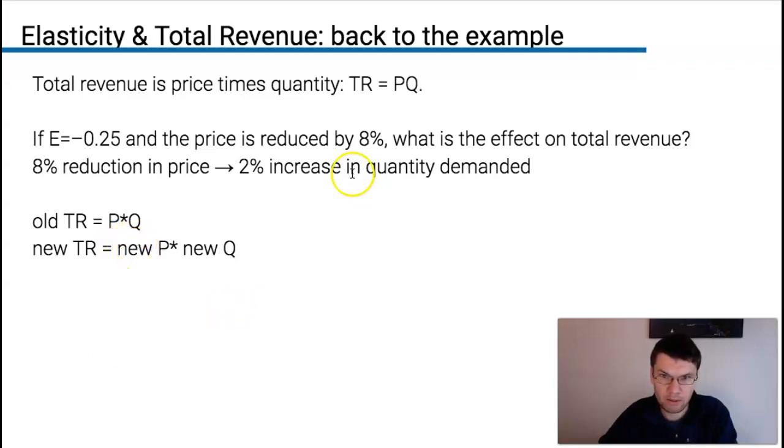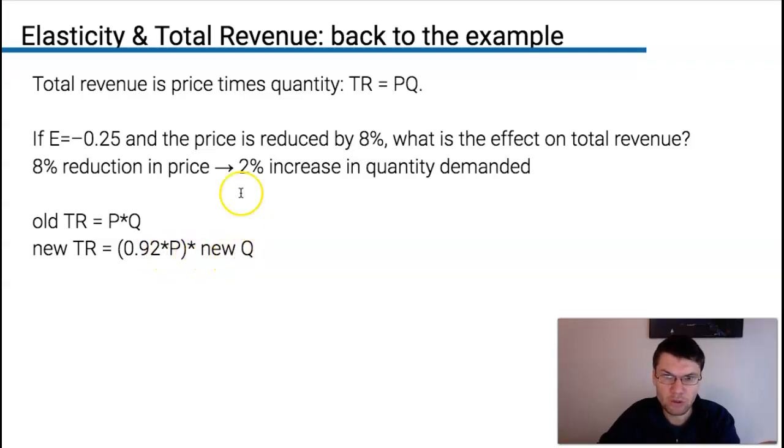And first thing that we can say, if the price is reduced by 8%, that means that after the change, the price is just 92% of the original, because 92 is 1 minus 8%. So if you reduce something by 8%, your new value is just 92% of the original value. That's the price.